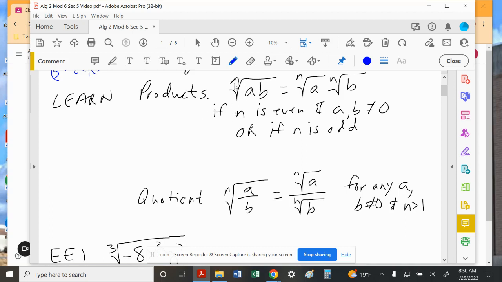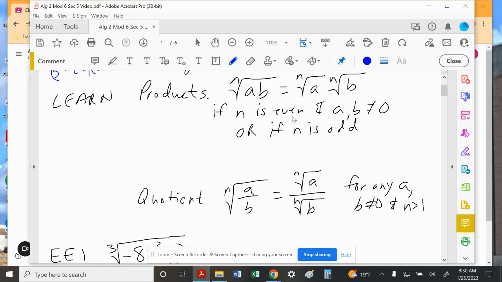So when the root is even, if once you take the root, you get any odd powers out of it, then you have to make sure you put the absolute value around those. In this particular case, though, this doesn't have to do with absolute value. It just says that the nth root of a times b, we can split them up into the nth root of a times the nth root of b.